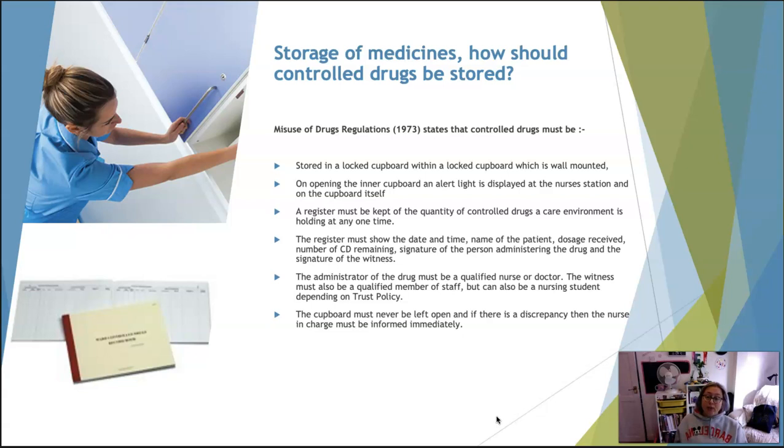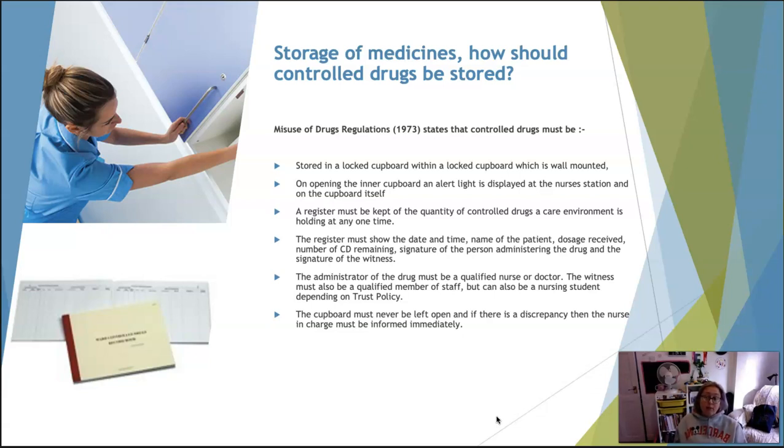The administrator of the drug must be a qualified nurse or doctor, or in some cases, if it is within your roles and responsibilities, it might be the assistant practitioner. And you've got to have the witness, who again must be an appropriate member of staff. It's back to whether it is in your trust policy or your working policies and procedures as to who can and can't be the administrator or the second signer for these controlled drugs.